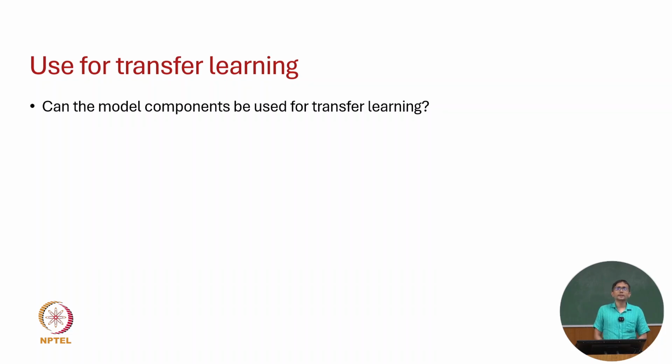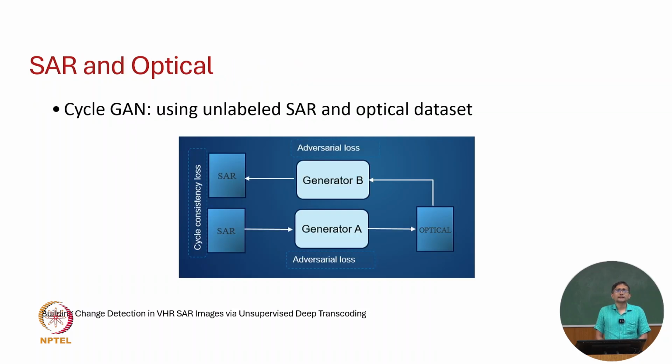Or maybe we could use this as some kind of transfer learning or some kind of feature extraction, and the answer turns out to be yes, this can be done.